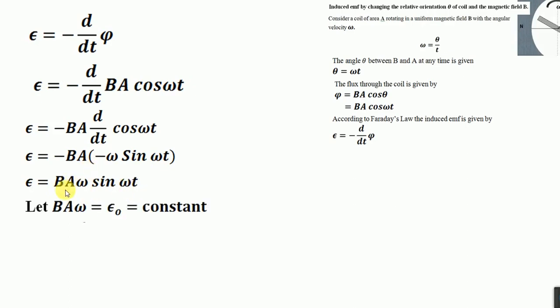The differentiation of cos theta is minus sin theta, and omega will come out. So E is equal to BA omega sin omega t. Here BA and omega are constants, so I can replace them by another constant, E0. So EMF is equal to E0 sin omega t.